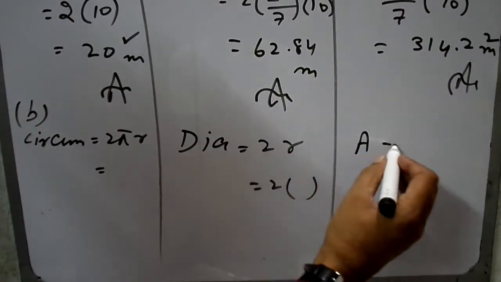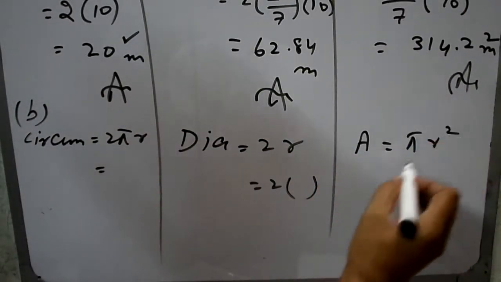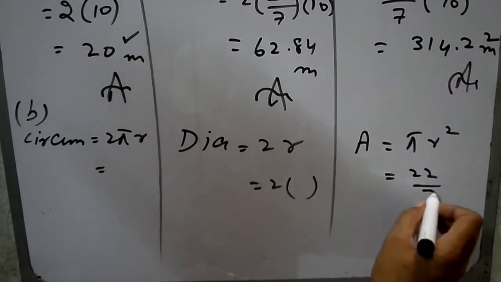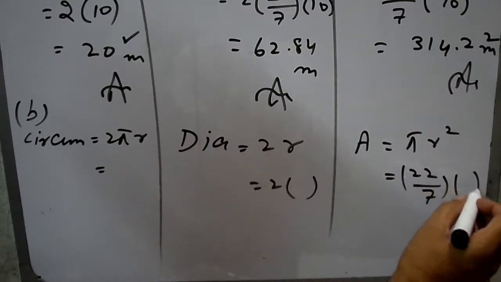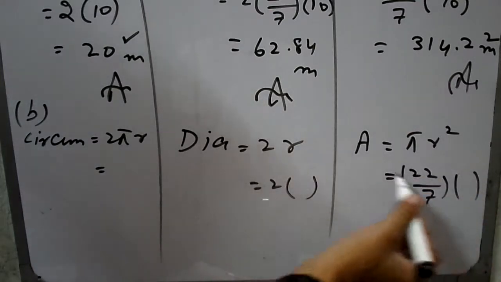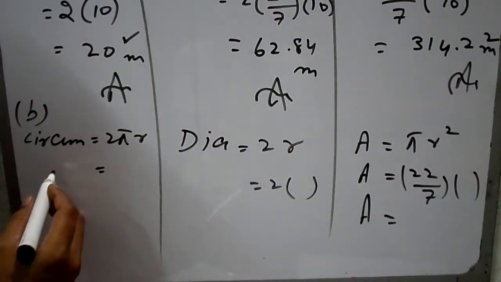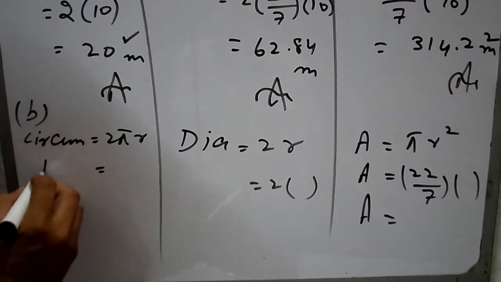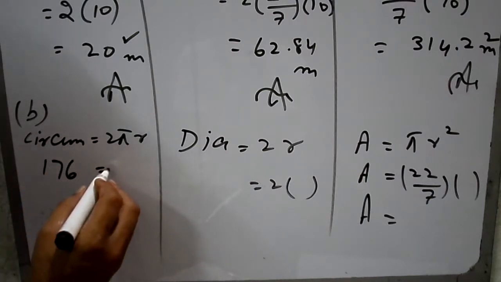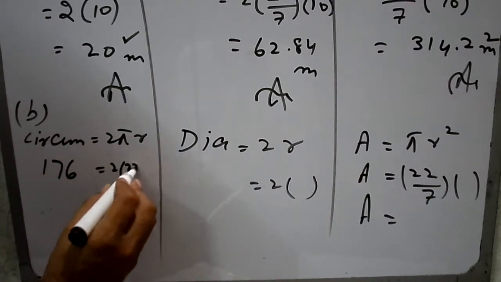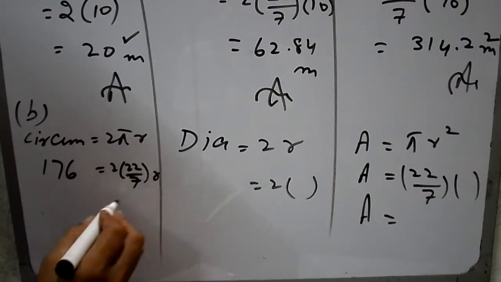And third step is area is equal to pi r square, so the value of pi is this one, and if you have the value of r, you can find area also. So first of all, the value of circumference is 176, given to you, so the value of 2 and 22 by 7, and you have to find r.